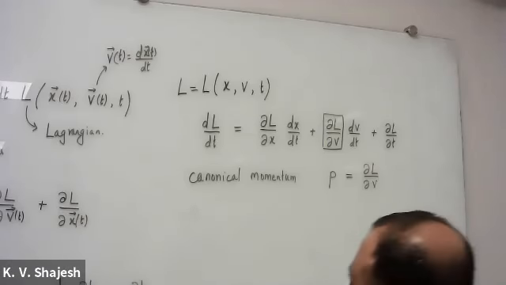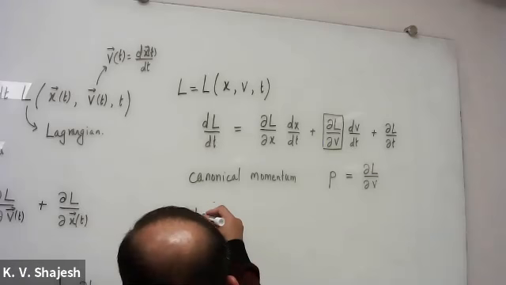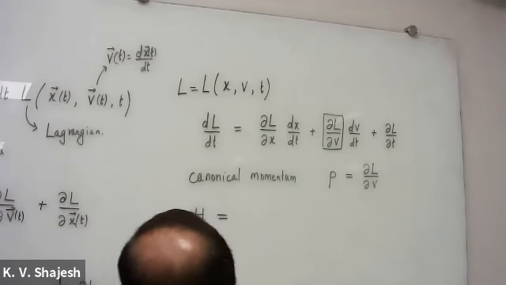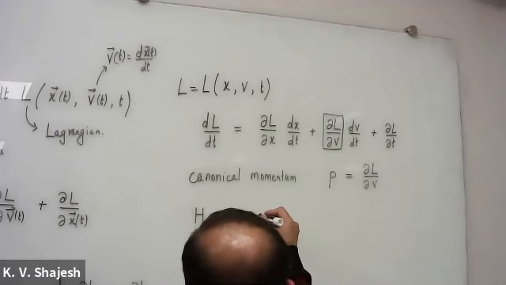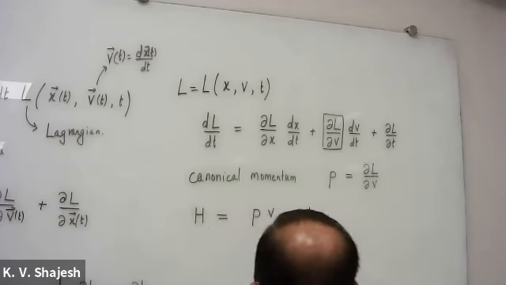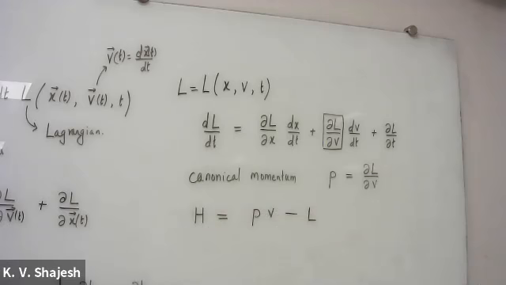So what's a Hamiltonian? You say H is defined as: I multiply v with p and then subtract out the Lagrangian. That seems like a random subtraction, but there is a purpose here.